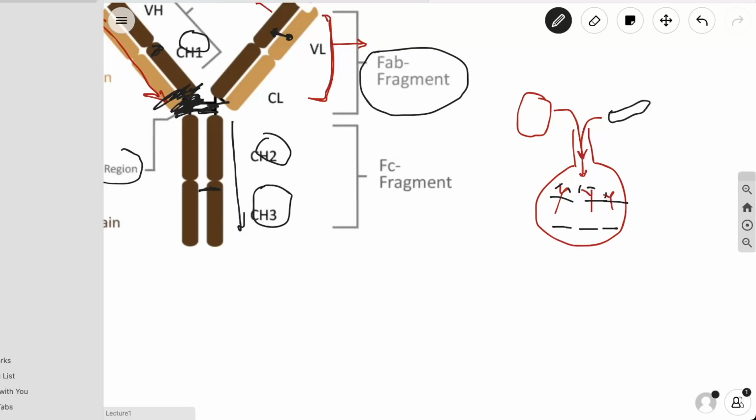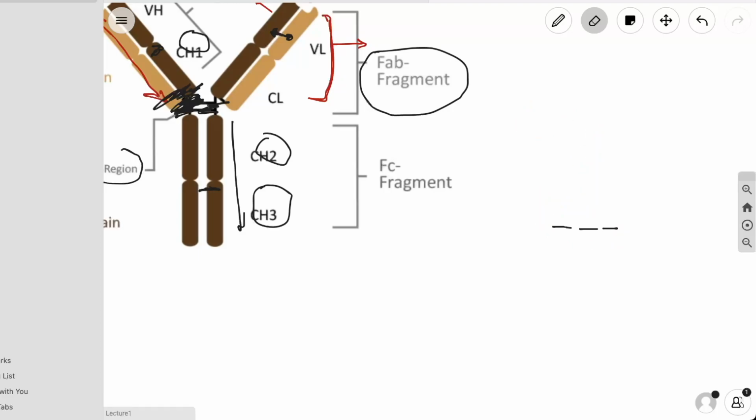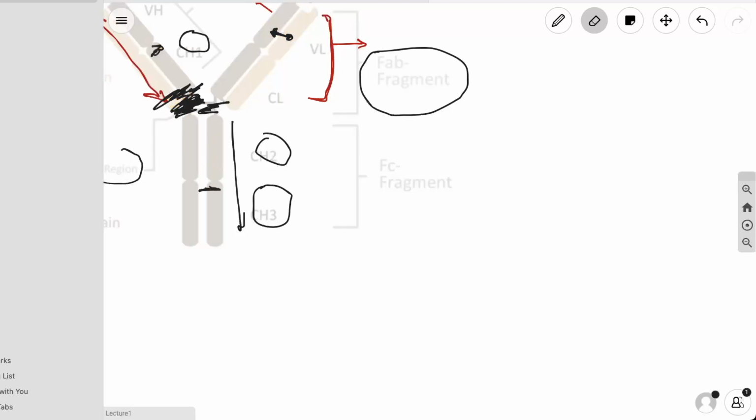So the FAB region is the location where the antigen binded to the antibody, hence the name FAB and FC. It was during a test carried out with papain and antigen introduced into the flask, which the antigen binded to the antibody at the antigen binding site, and it couldn't bind at the stem region.